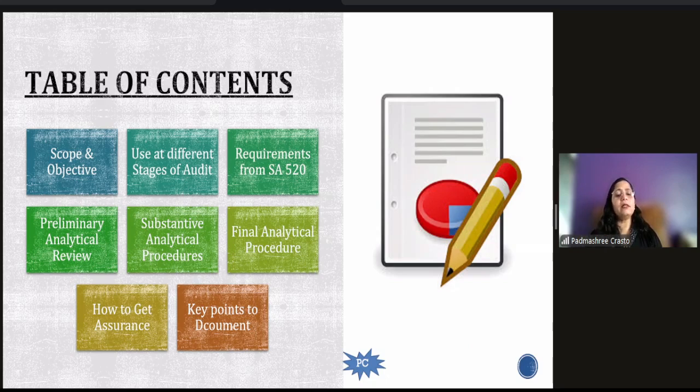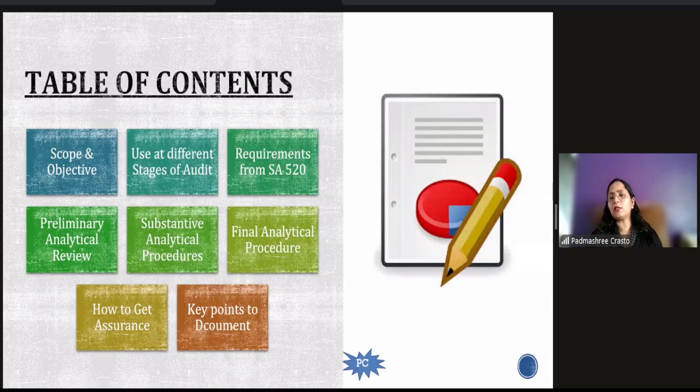For example, PAR is at the planning stage, substantive analytical is in the execution stage, and final analytical is in the closure stage. They have different purposes and different ways of doing them, right? And then also how to get assurance. Doing data analytics but then not getting assurance is not something that we want to do.